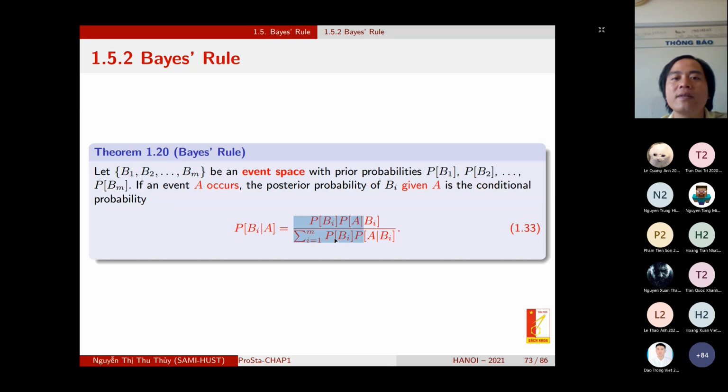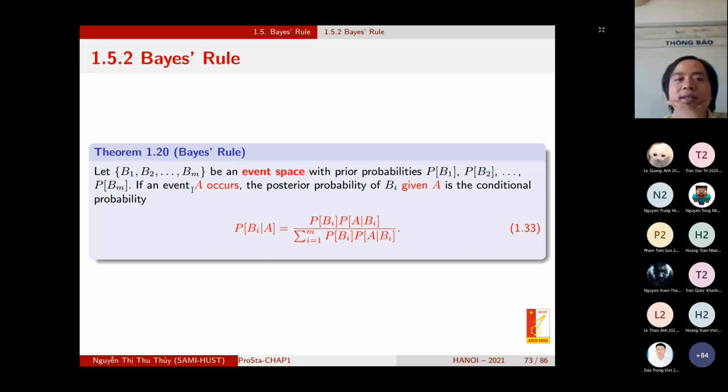We have already done that before. The denominator is already the law of total probability, where P(Bi) multiplied by P(A given Bi) is the probability of the intersection between A and Bi.